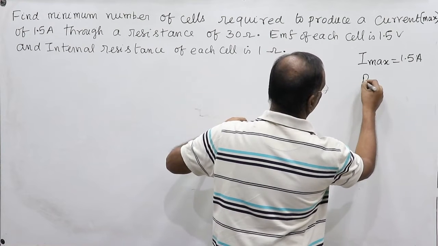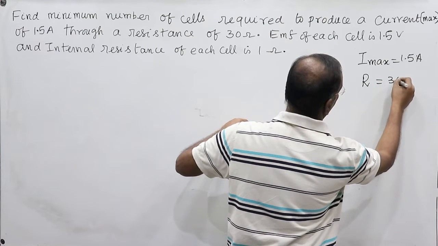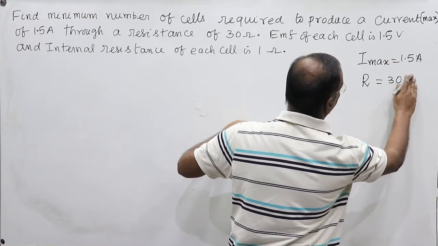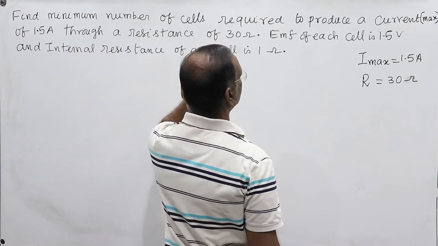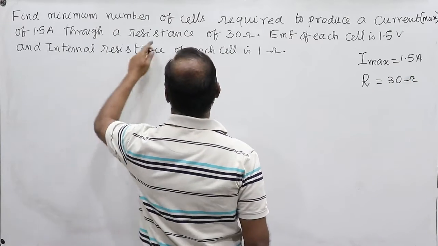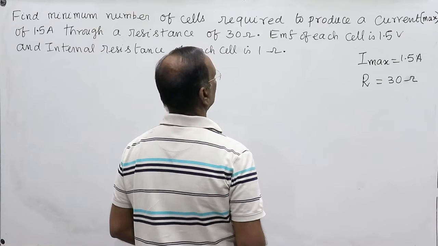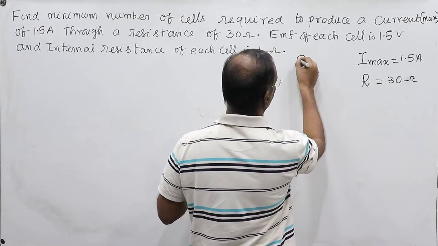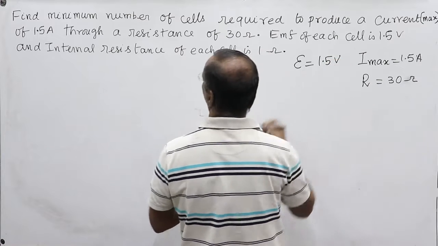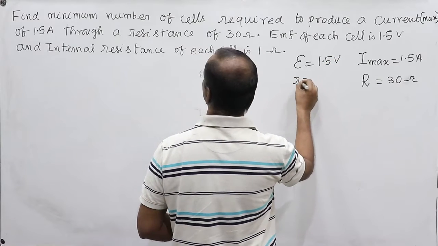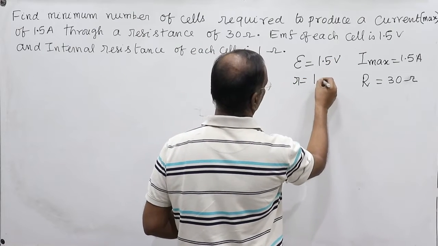That means the external resistance is 30 ohm, and the EMF of each cell is 1.5 volt and the internal resistance of each cell is 1 ohm.